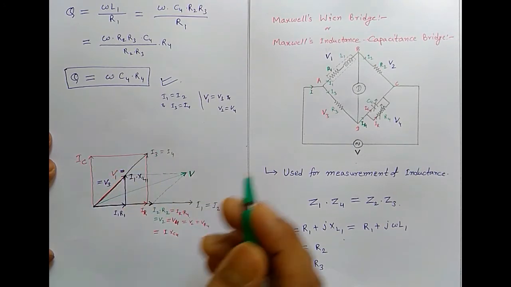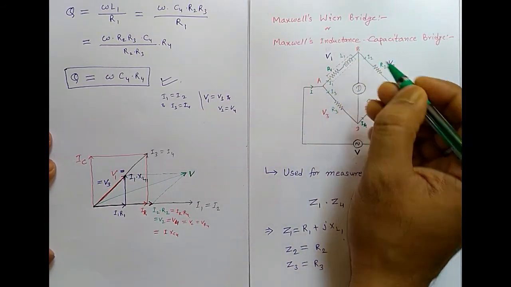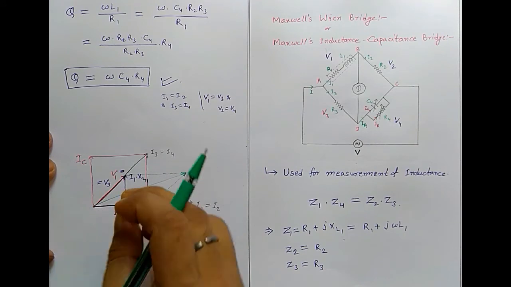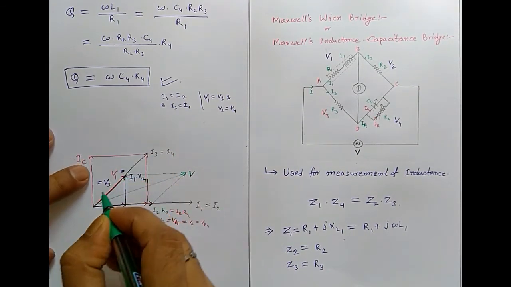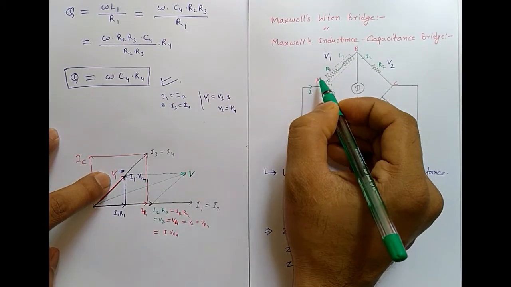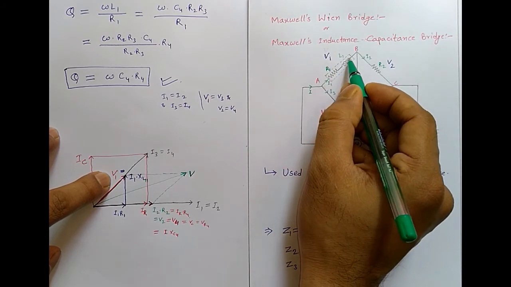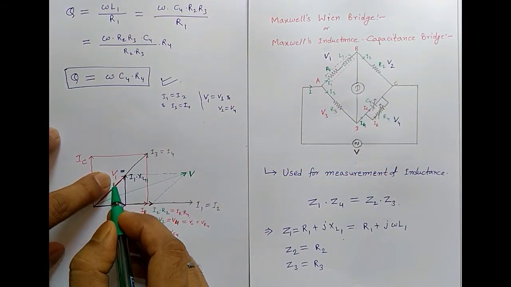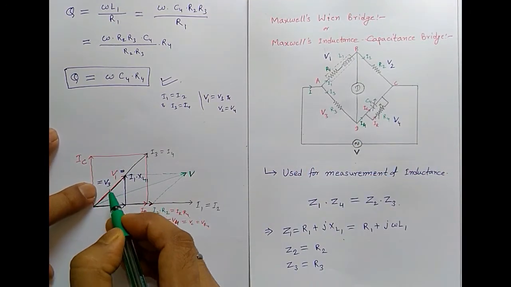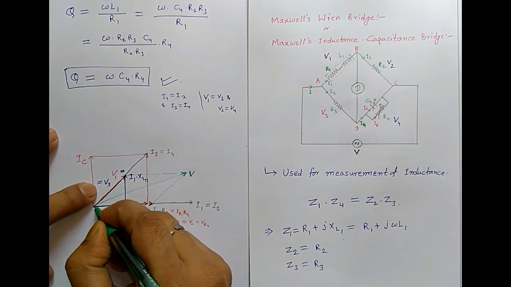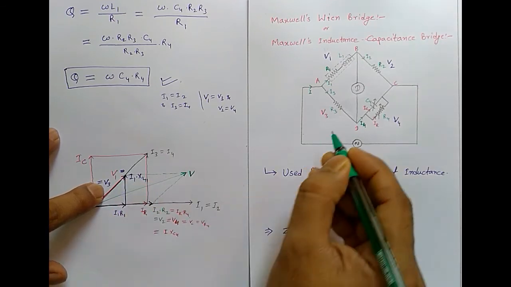So the net resultant, that is V1, will be the voltage drop across this plus this, that means the resultant of both the vectors gives us the voltage drop across the unknown inductor, that is V1. As we know V1 equals V3, so the same vector gives us the voltage of the third arm also, that is V3.